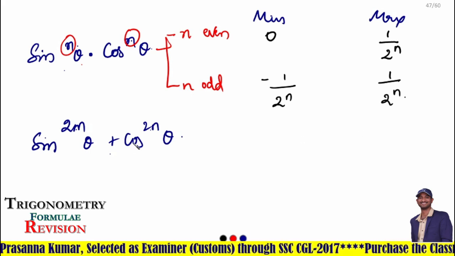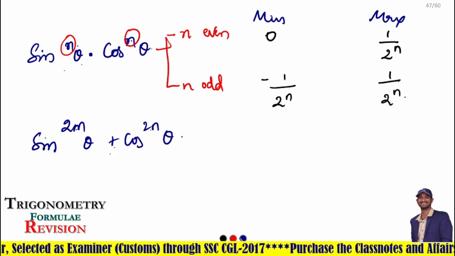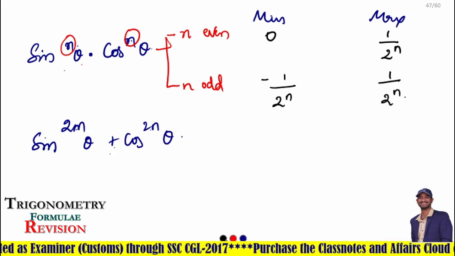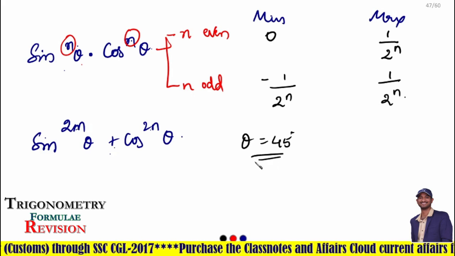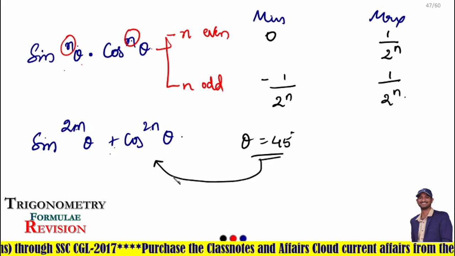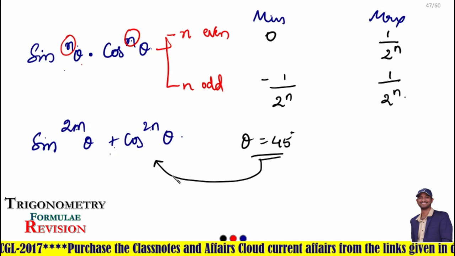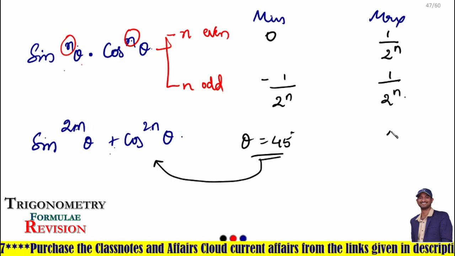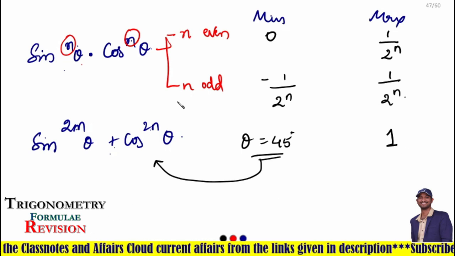Whereas for addition and different powers, and powers should be even, what is the minimum value? To get the minimum value, you have to substitute theta equal to 45 degrees in the given function. The value obtained after putting theta equal to 45 degrees is the minimum value, and the maximum value is always 1. For suppose in the exam, find the minimum value of sin power 4 theta plus cos power 6 theta.